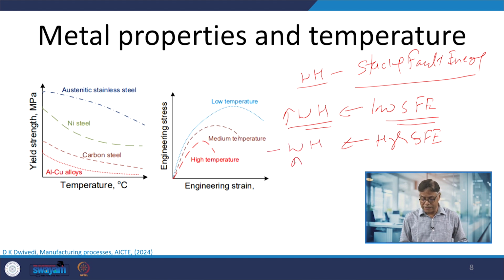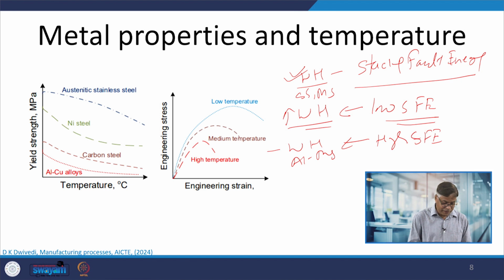This is the case for aluminum and magnesium, while low stacking fault energy metals like stainless steel, and even mild steels, show reasonably good work hardening tendency. So, depending upon the metal being subjected to plastic deformation at room temperature, the work hardening will be different. A few metals work harden very rapidly as compared to others.